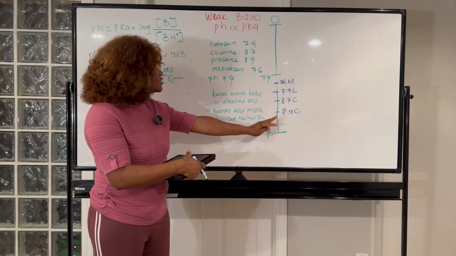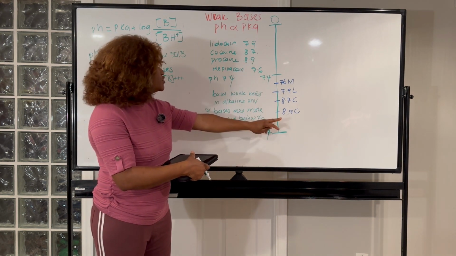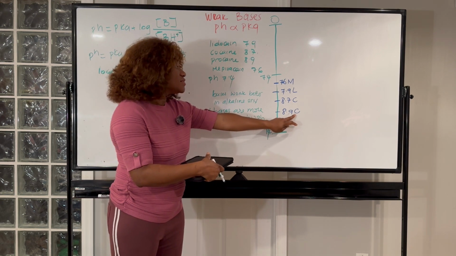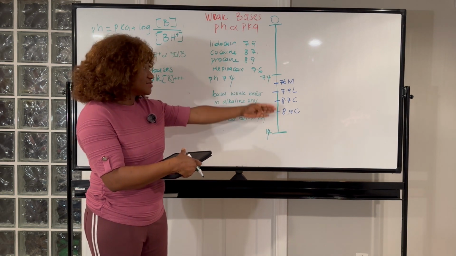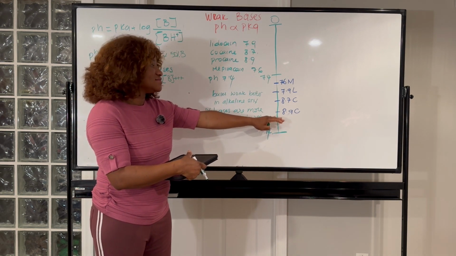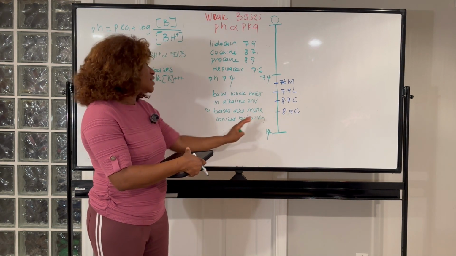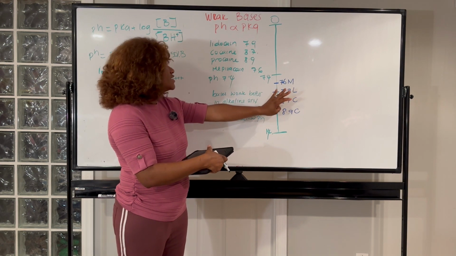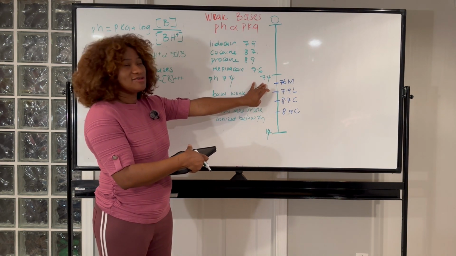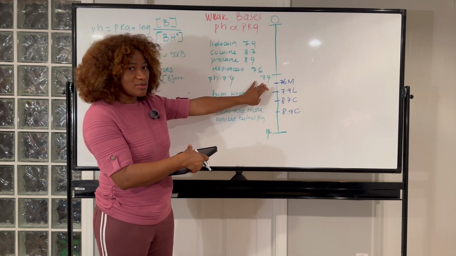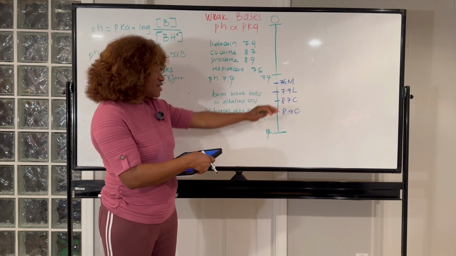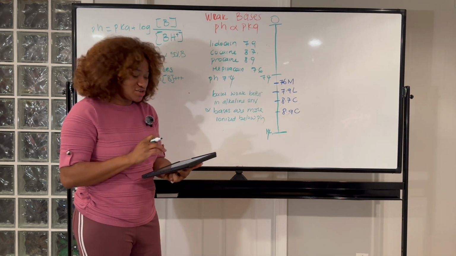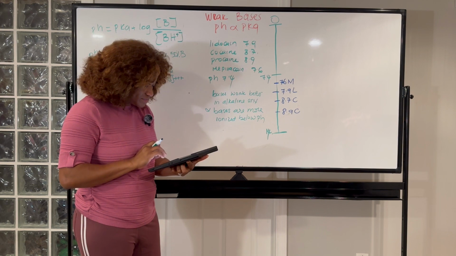So here 8.9, which is procaine, is going to be more ionized. Mepivacaine is going to be less ionized because it's not that low. So mepivacaine is going to have the speediest onset of action and more efficacy.